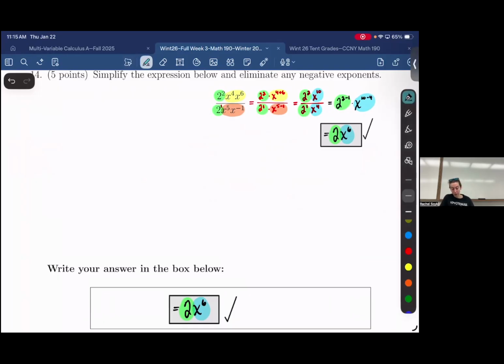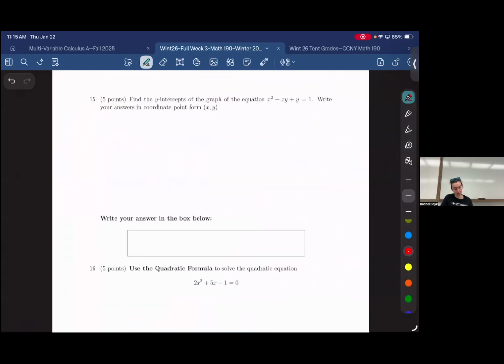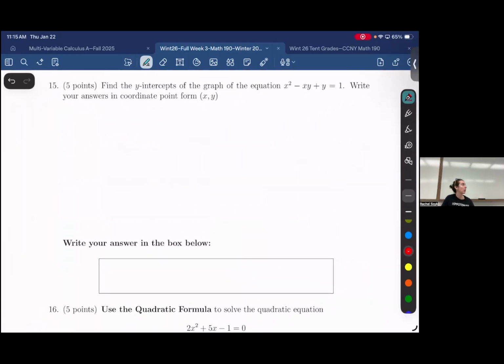Let's go ahead and move on to question 15, which is on page 8. We are asked to find the y-intercepts of the graph of the equation and write our answer in coordinate point form. So we have, bless you, definition of y-intercept is what? When x is equal to 0.